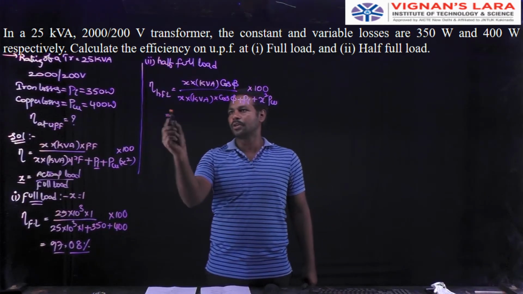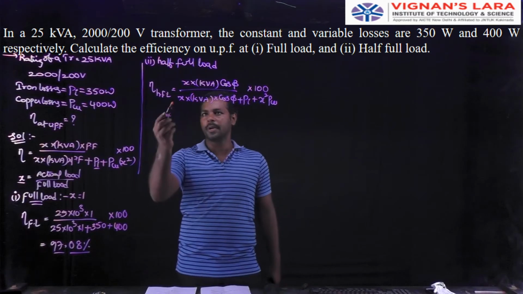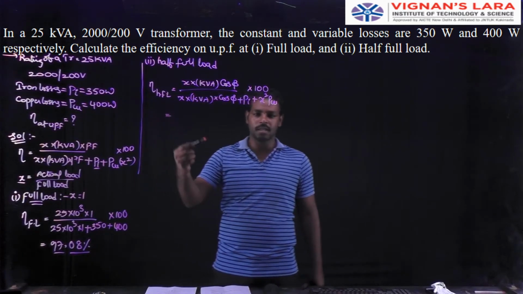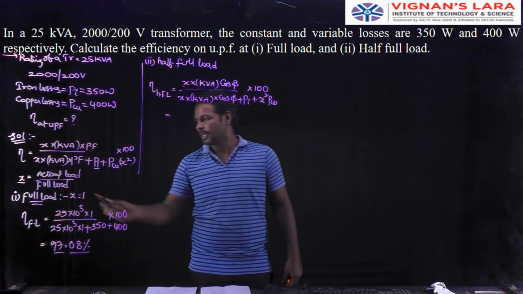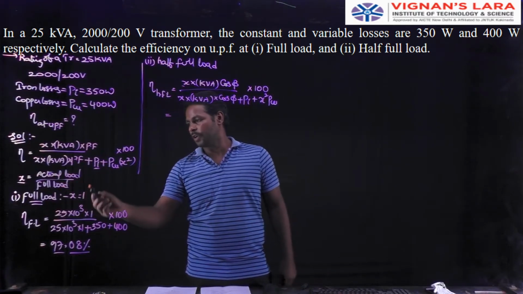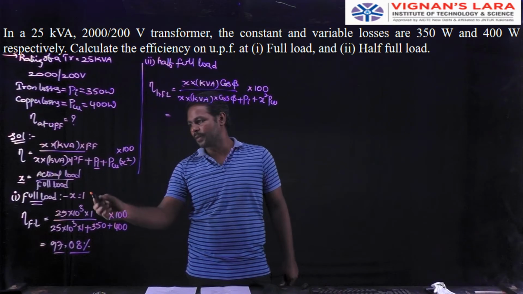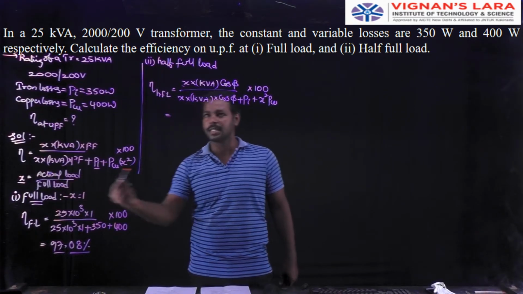Half of the full load means X is equal to actual load by full load, half into full load divided by full load, so full load gets cancelled and X is equal to 1 by 2.